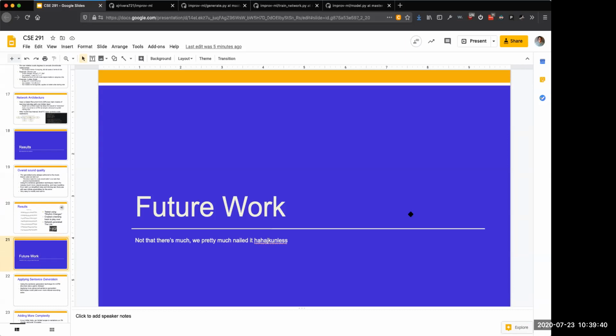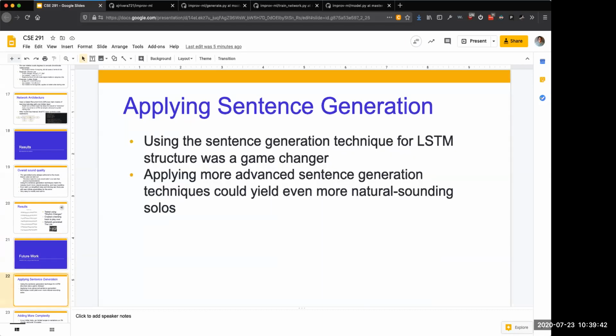Anyways, as far as future work, we want to apply more sentence generation tools to make it sound more natural, and have some sort of prediction on where it should go.